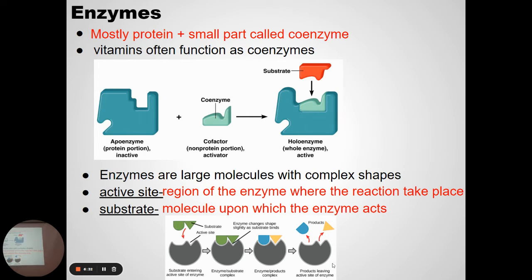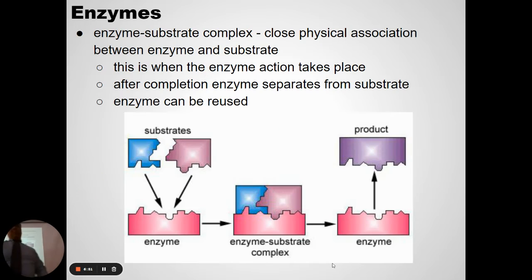So again, here's another digestion. This substrate connected with this enzyme at the active site, caused a change to happen, broke this substrate into two pieces, and now the enzyme can work again.